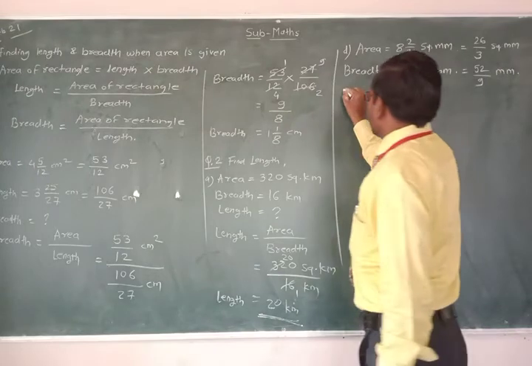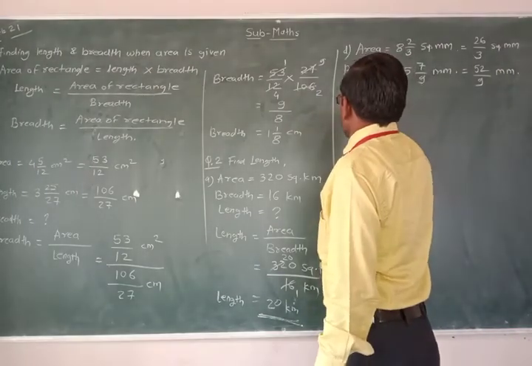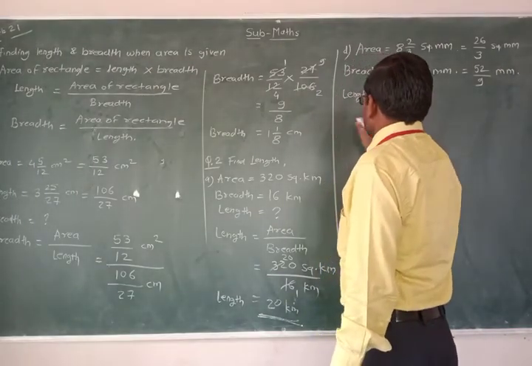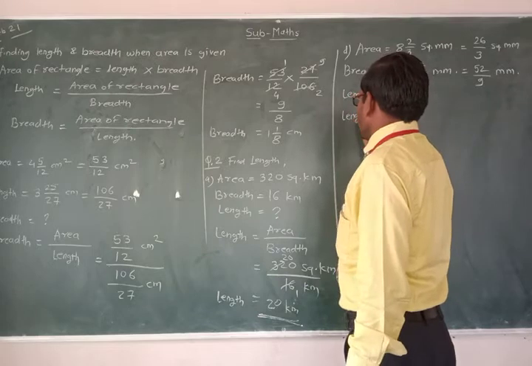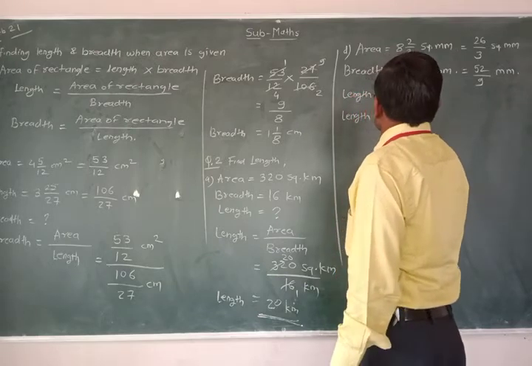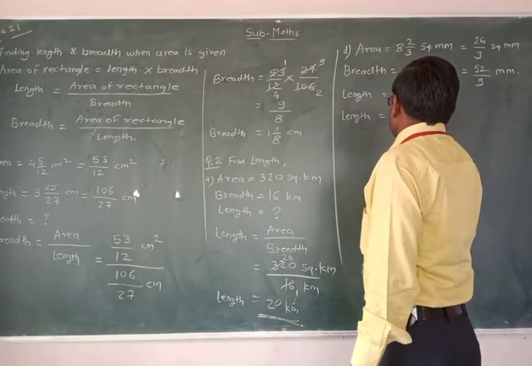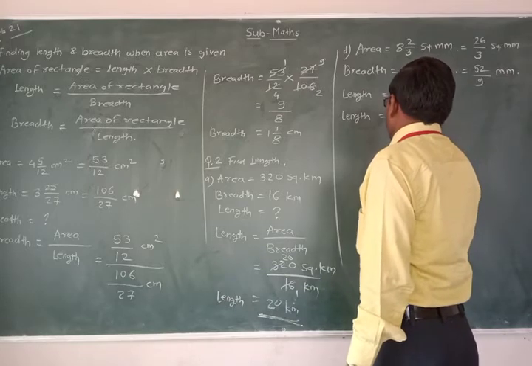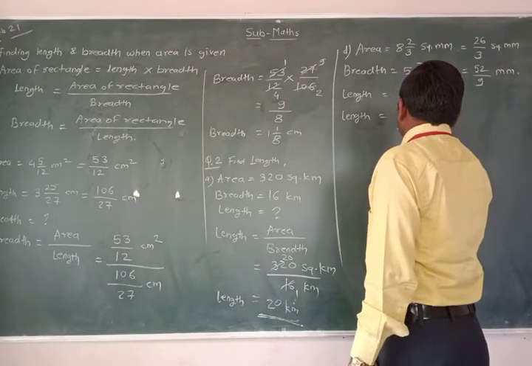And then finding length. Length is equal to question mark. Write down the formula: length is equal to area of rectangle upon breadth.